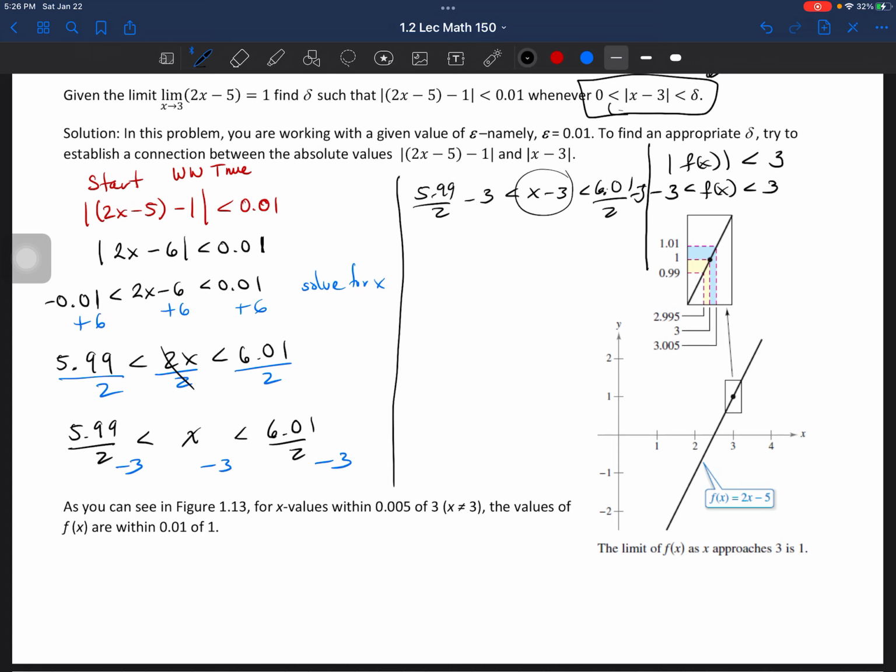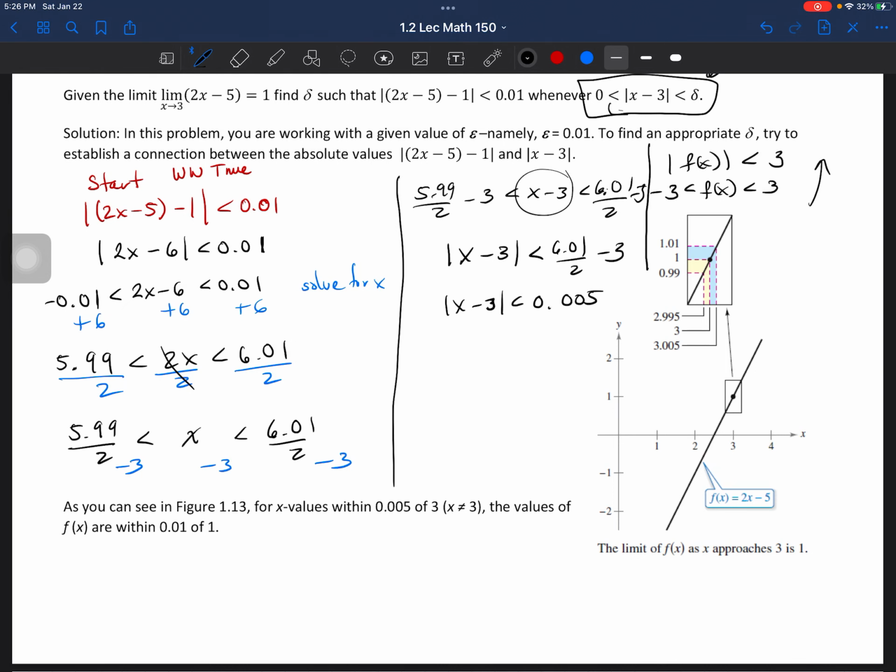You can see that this is the x minus 3 that we needed. In fact, we can go backwards from here to here, and we would have the absolute value now. The absolute value of x minus 3 will be less than 6.01 over 2 minus 3, which is roughly about 0.005.